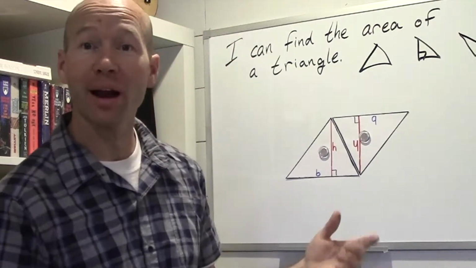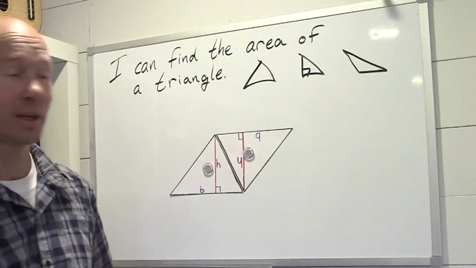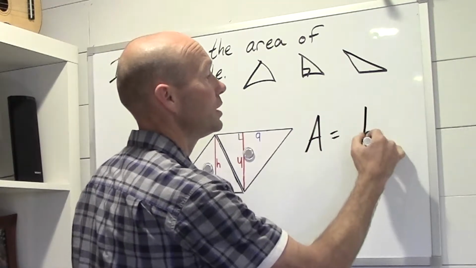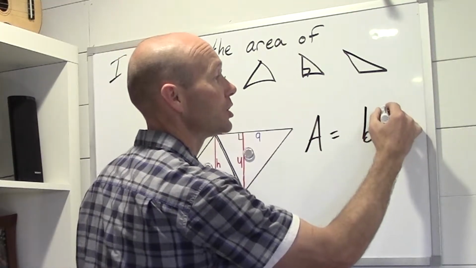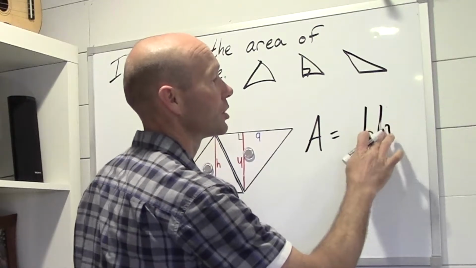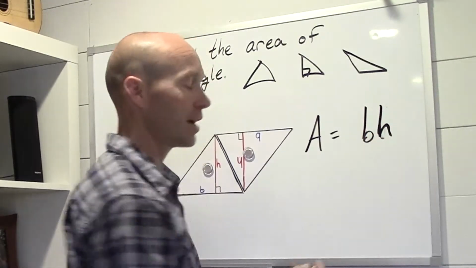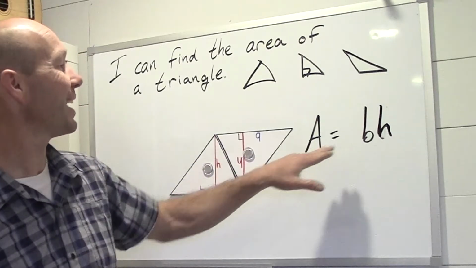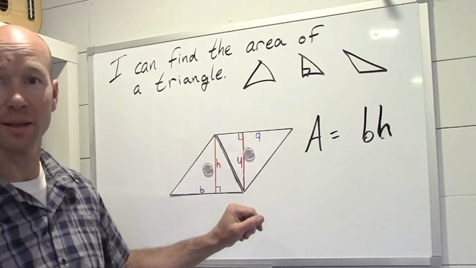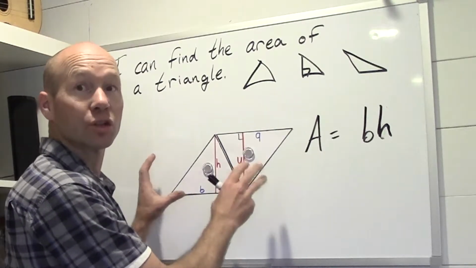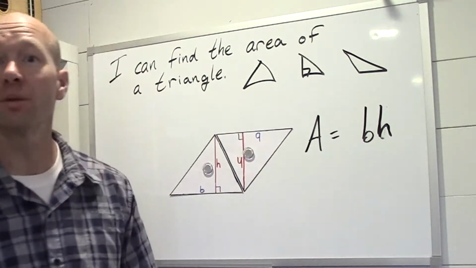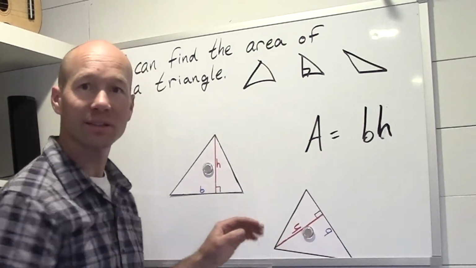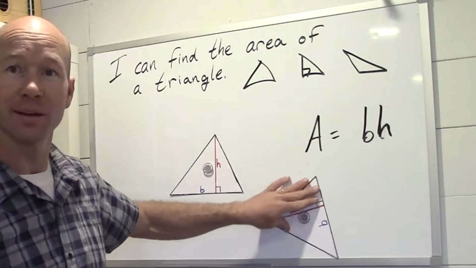And we know that the area of the parallelogram is A equals B times H, base times the height. Well, if the area of the parallelogram is base times the height, and two triangles make up the parallelogram, then what is the area of one single triangle?